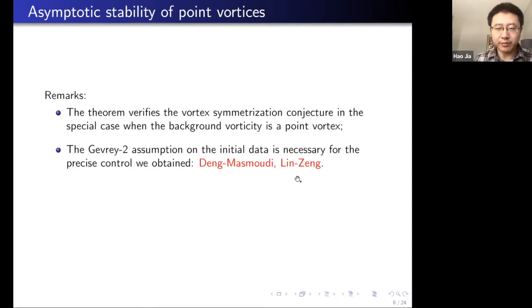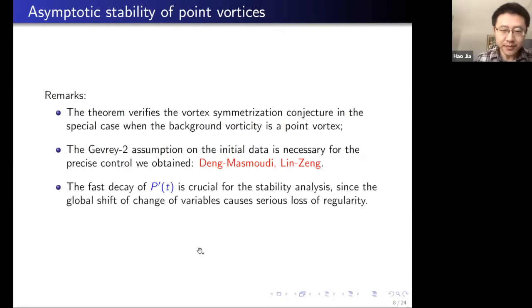And we also have the result by Lin and Zheng, which show that if you perturb in a much rougher space, like Sobolev space with low regularity, then even the linearized problem can have issues and you cannot expect such results. And also the fast decay of this point, the point where the Dirac mass is located, is extremely important because in the end, we will center everything with respect to this point.